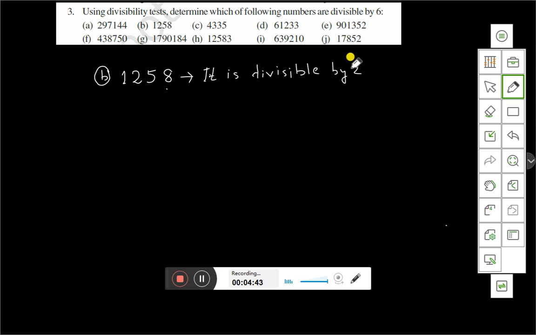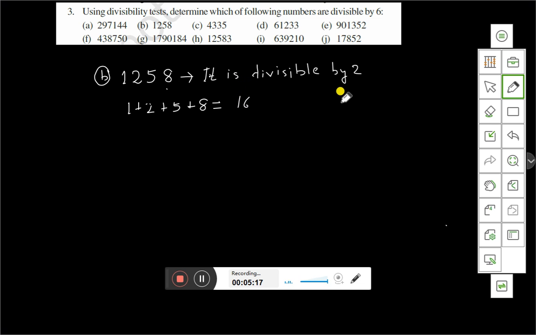Now we'll test whether this number is divisible by 3 or not. The number is 1258. We'll add all the digits, that is 1 plus 2 plus 5 plus 8. 1 plus 2 is 3, 3 plus 5 is 8, 8 plus 8 is 16.